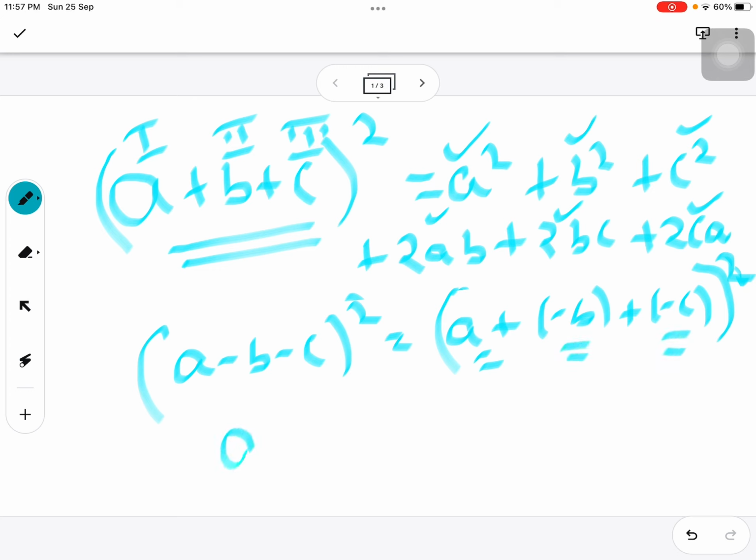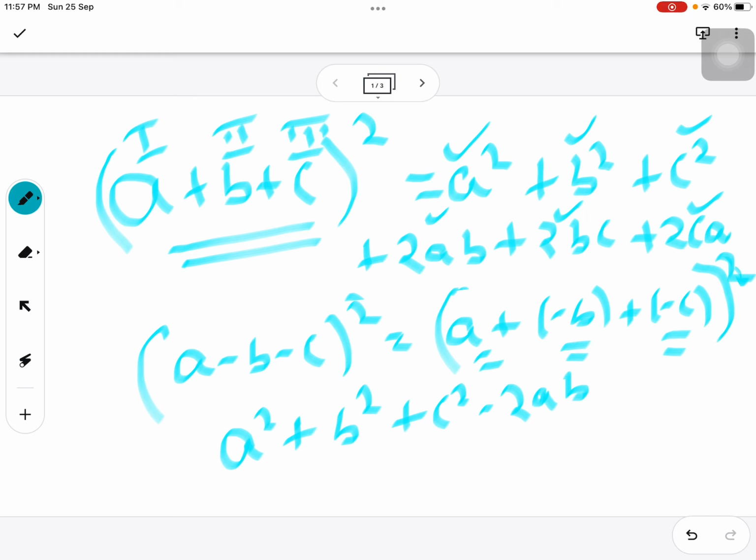So square of the first term, a square, plus square of the second term, minus b whole square is b square, plus square of the third term, c square, plus 2 into first term into second term, a into minus b is minus ab, so that becomes minus 2ab. 2 into second term into third term, that is minus b into minus c, that becomes minus into minus plus bc.